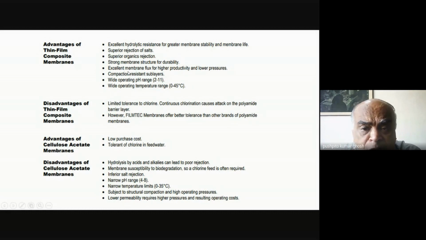But what was found is that the polyamide layer is more resistant to this compaction effect. And then, as I told you, it's got an excellent operating pH range, and also a fairly good temperature range. It can go up to something like 45 degrees centigrade.